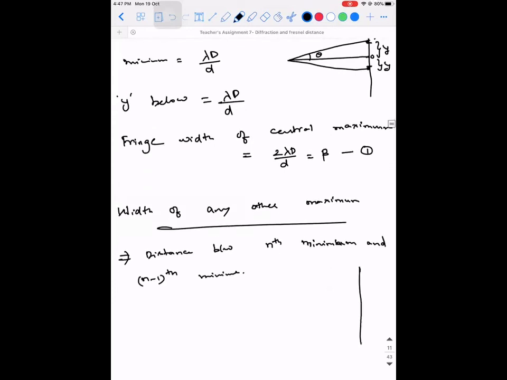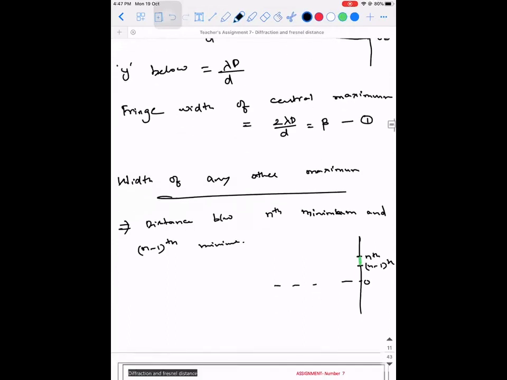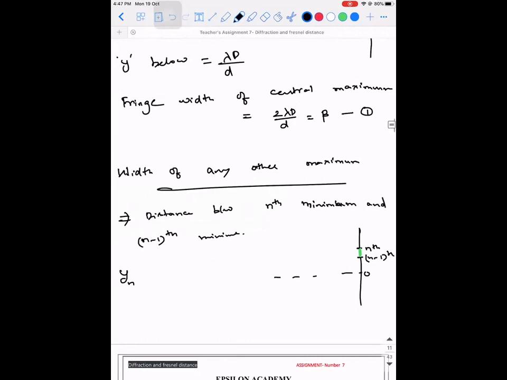Because see, if I take this as the spot, if this is the nth minimum, this will be the (n minus 1)th minimum. In between, you will have a bright spot. So yn minus y(n minus 1) is n times lambda into capital D by d minus (n minus 1) into lambda into capital D by d. What will you get? You will get lambda into capital D divided by small d.